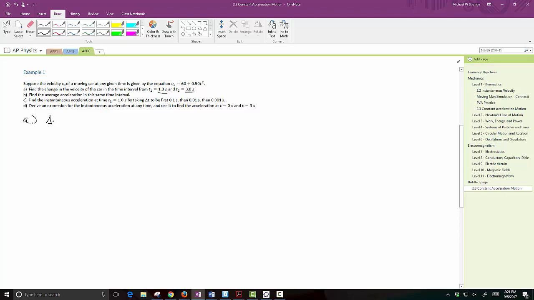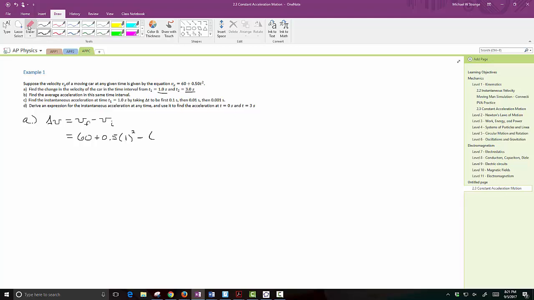So my change in velocity would be my final velocity minus my initial velocity. And now I'm just going to use my function. So that would be 60 plus 0.5 times 1 squared, minus the entire quantity.